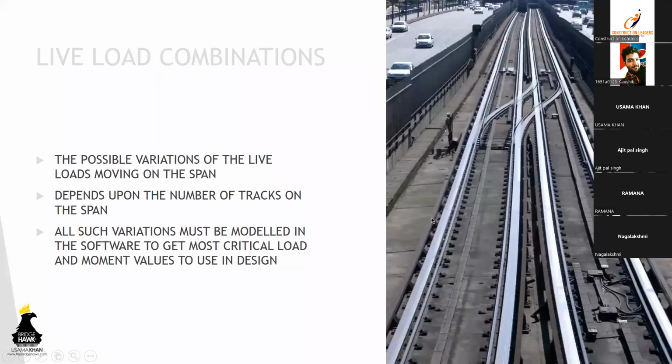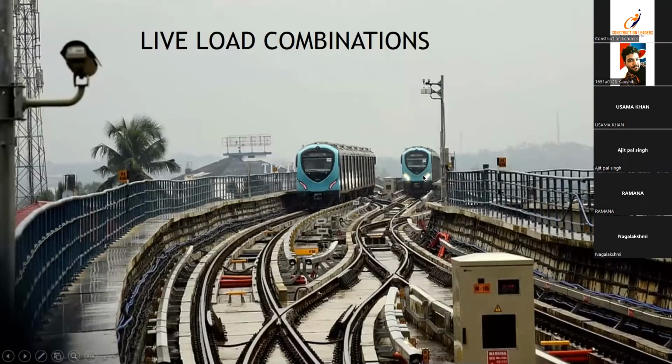Moving on. You need to create possible combinations of live load. For example, if you see this image, there are only 2 tracks, track 1 and track 2, but there's also a merging track. This gives rise to a number of variations that the span could possibly experience in its service life.